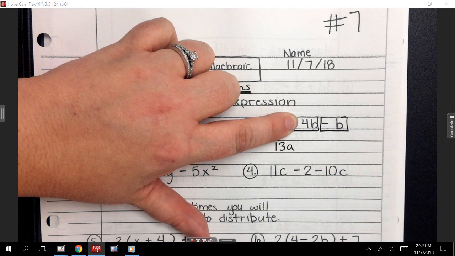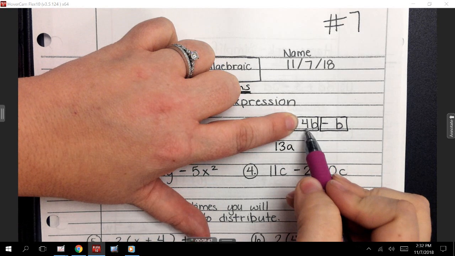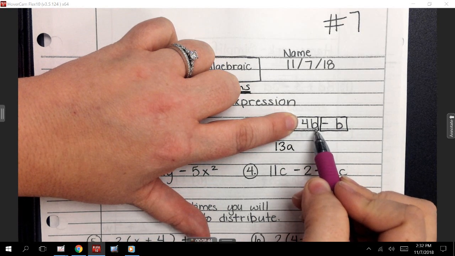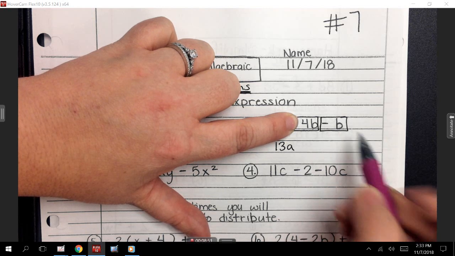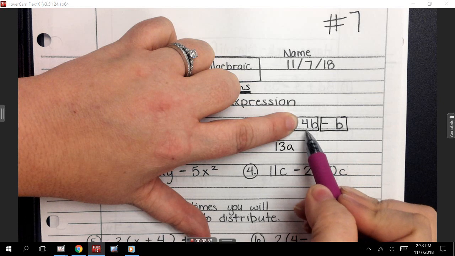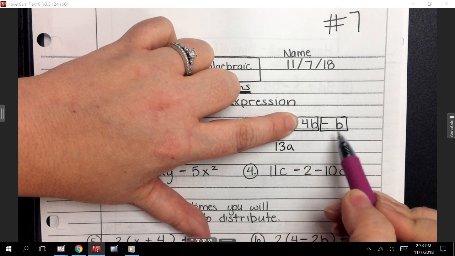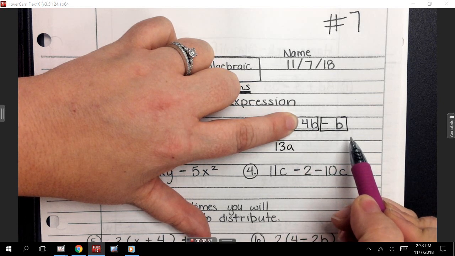All right, I'm going to read it the same way I read the first one. If I have 4 B's and I take away B, what am I left with, Kaylee? If I have 4 B's and I take away a B, what am I left with, Jacob? 3 B's. Get it?